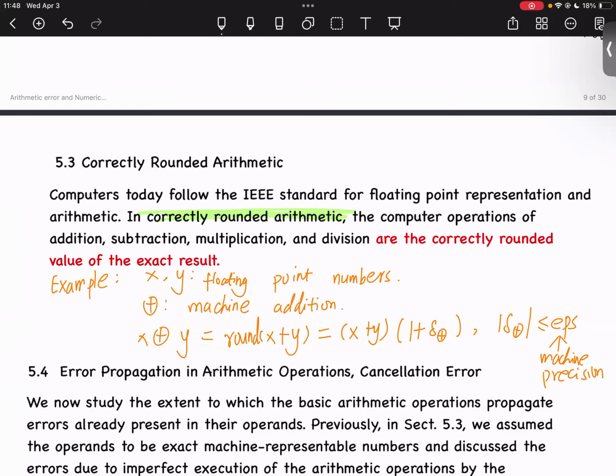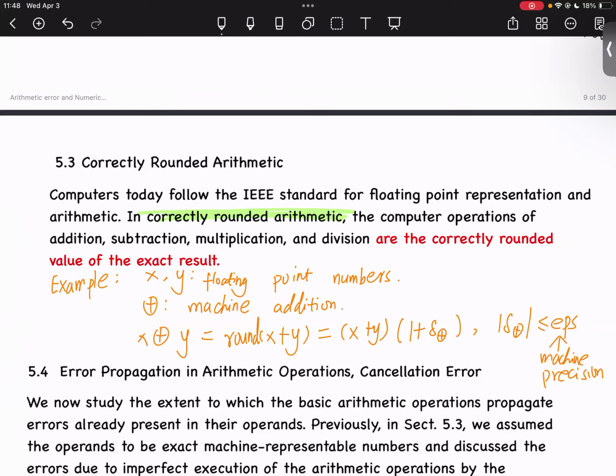So it rounds off the exact number, and after that we can write the representation in mathematics. This is the exact number, and then 1 plus the rounding-off error here. But this rounding-off error should be smaller than the machine precision. And for double precision, that is just 2 to the negative 52.